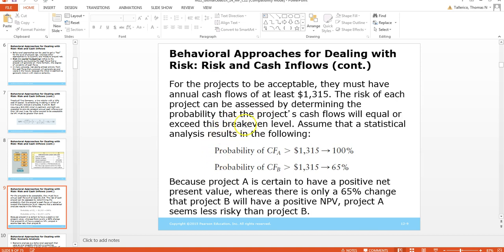Here they're just making an assumption. Assume, that word is important, that a statistical analysis results in the following: probability of getting 1,315 for project A is 100%, and the probability for B is 65%. So it appears that this is less risky because there's a 100% guarantee than this one.